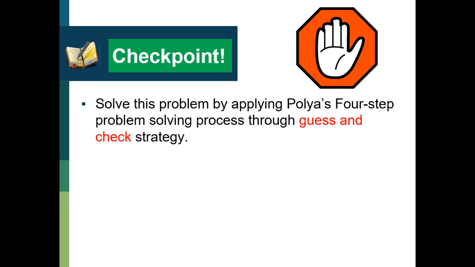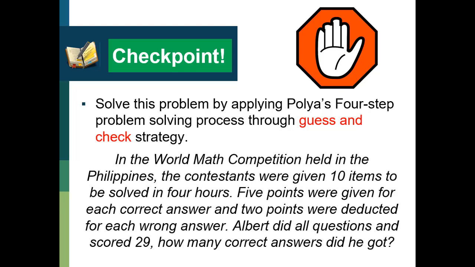Okay, so here's now your problem. In the World Math Competition held in the Philippines, the contestants were given 10 items to be solved in 4 hours. 5 points were given for each correct answer, and 2 points were deducted for each wrong answer. Albert did all questions and scored 29. How many correct answers did he get?